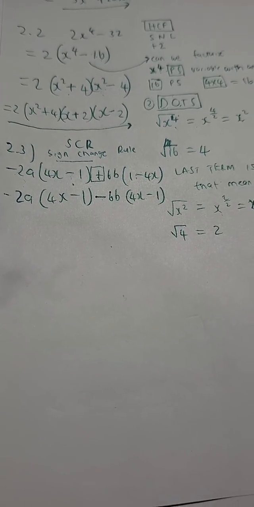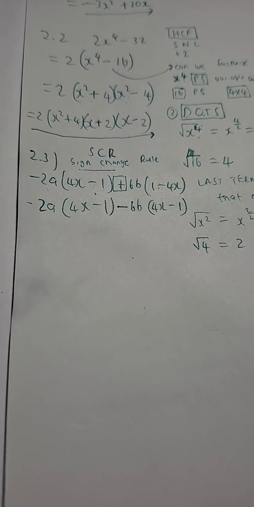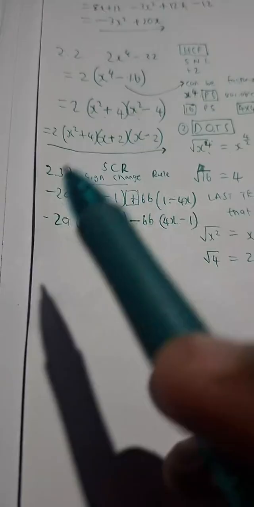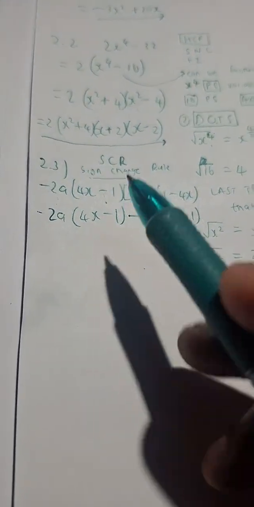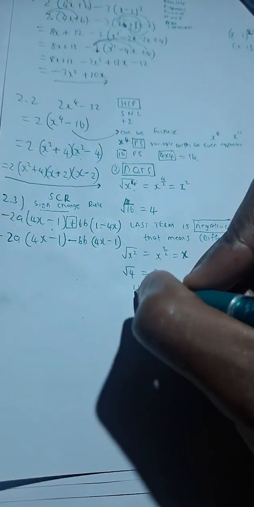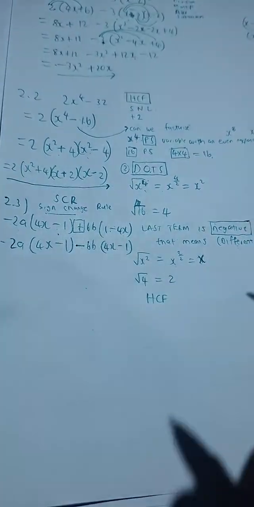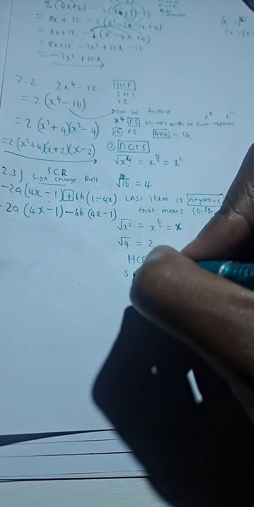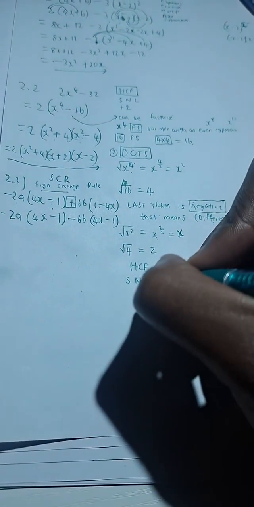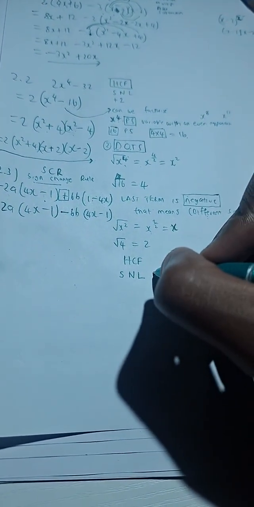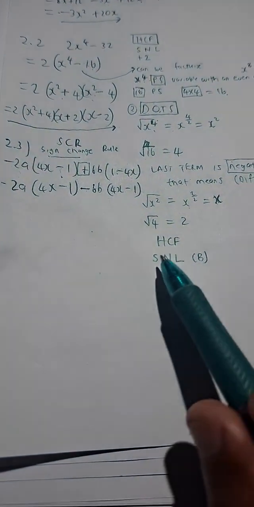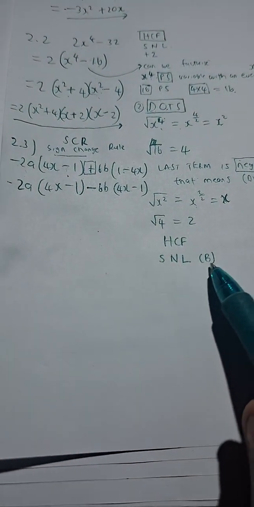Now, depending on who you are, me, I would say, is there a highest common factor? And when I say that, I am going to look at highest common factor in terms of sign, number, letter, and if there's a common bracket. SNLB.